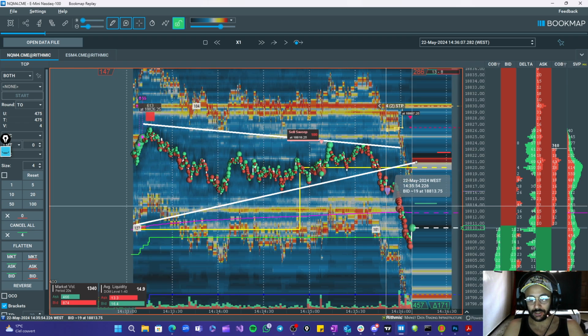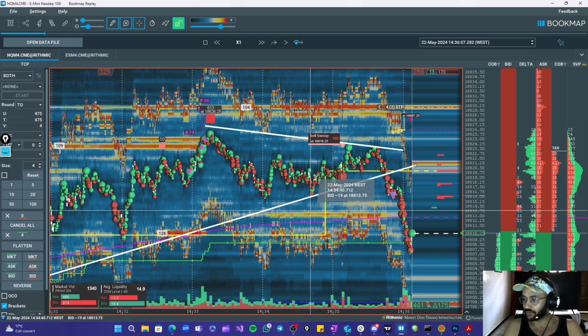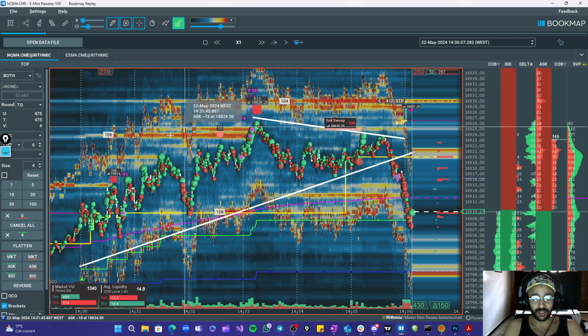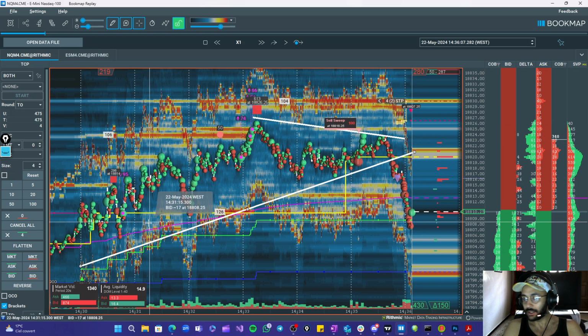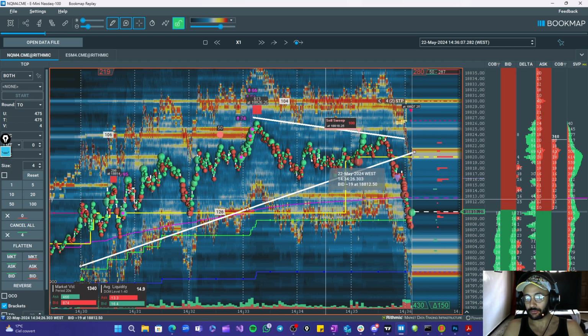You don't need a lot of screens, a lot of information, or a lot of indicators. That's only, sorry for the word, bullshit. If you have a platform that can help you read the price action and the order flow, you have everything to be profitable.